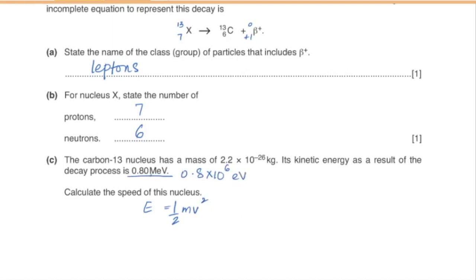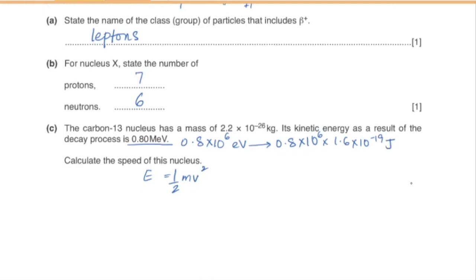First we convert mega to electron volt, and each electron volt is 1.6 into 10 to the power of negative 19 joules. So we multiply 0.8 into 10 to the power of 6 by 1.6 into 10 to the power of negative 19 to convert electron volt to joule. This is the amount of energy with which the carbon-13 nucleus is given off.